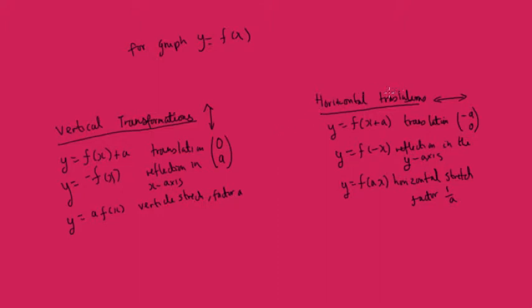Then we've got the horizontal translations. y equals f of x plus a is a translation which is described by the vector minus a, 0. And then we've got the reflection in the y-axis where y becomes f of minus x, and the horizontal stretch is y equals f of ax with a stretch factor of 1 over a.